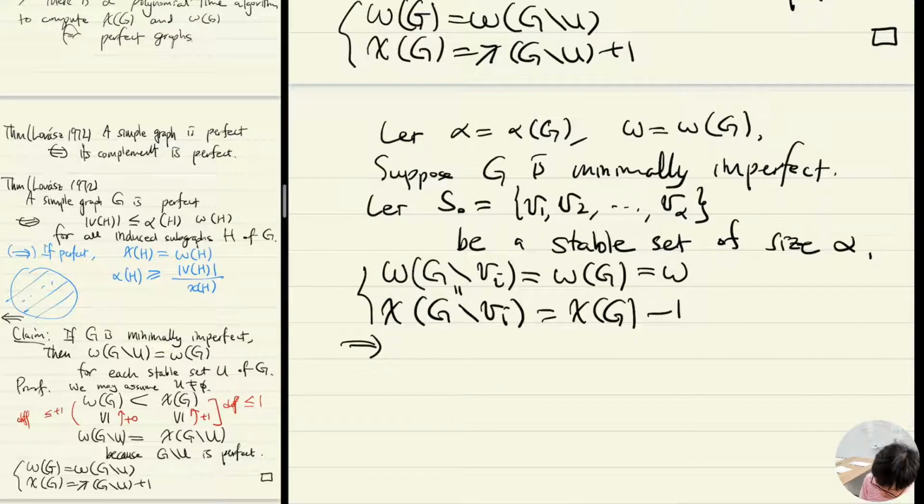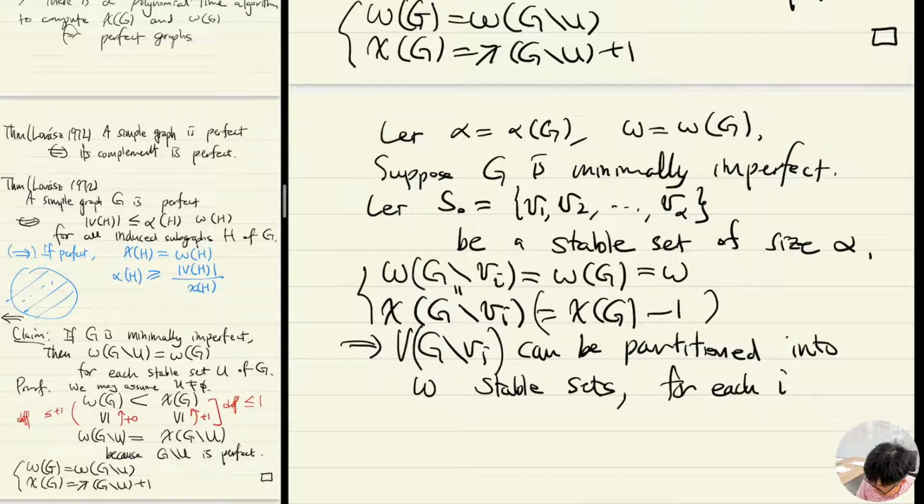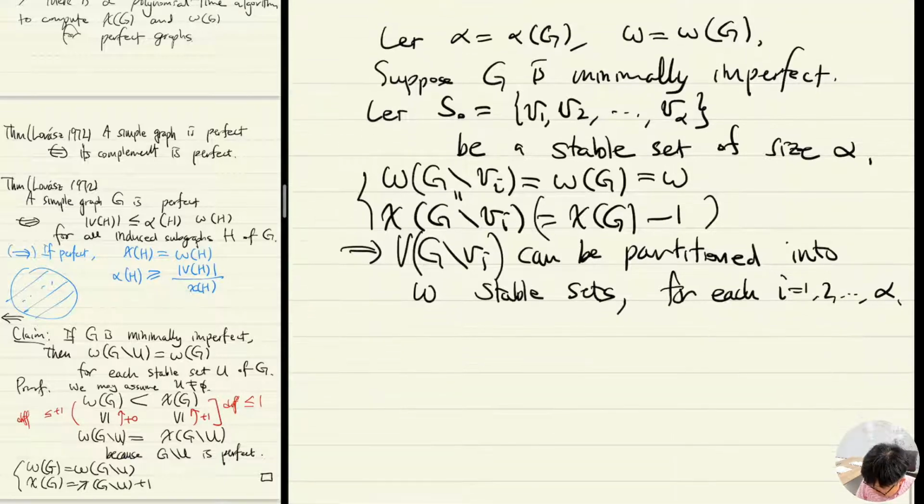So that means the vertex set of G delete Vi can be partitioned into omega many stable sets, for each i. So for every i, when you delete Vi, the remaining can be partitioned into omega stable sets.